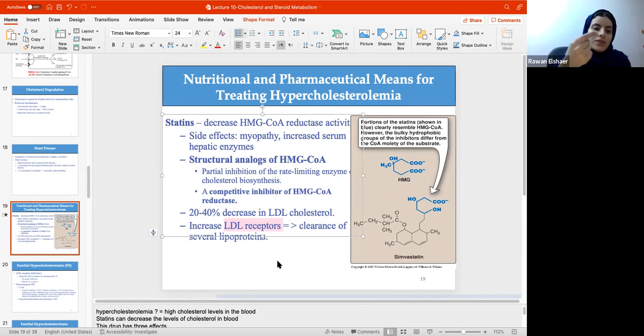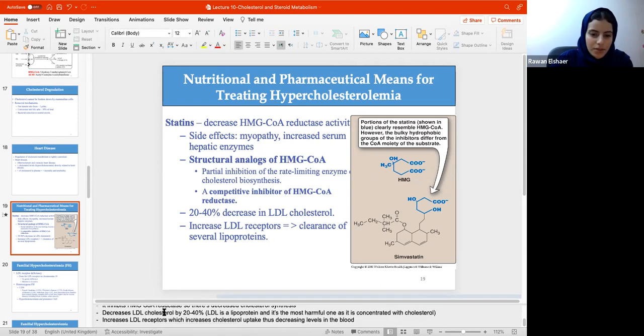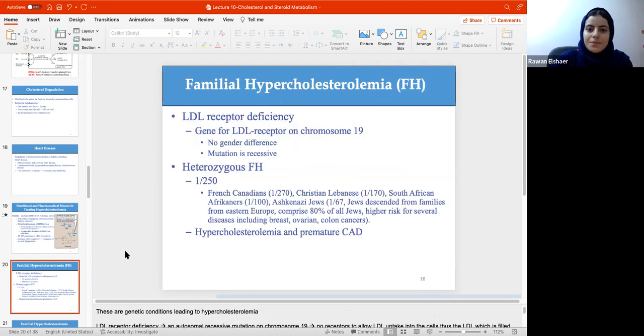So by doing that, you're decreasing the levels of cholesterol in your blood. So this is another way of how statins decrease the level of cholesterol, okay? So 3 ways: inhibiting HMG-CoA, decreasing LDL cholesterol, and increasing the uptake of LDL, okay? I think that's mentioned everything.